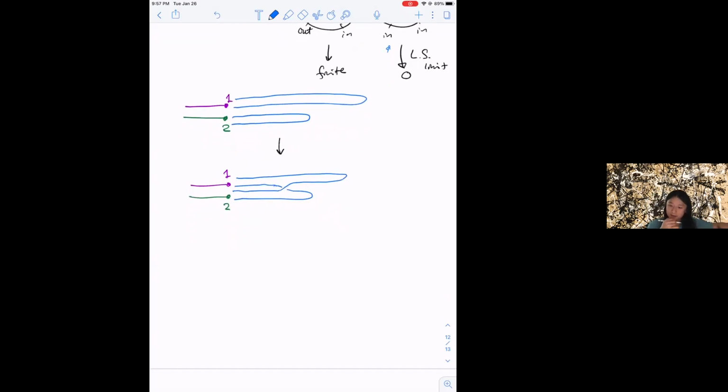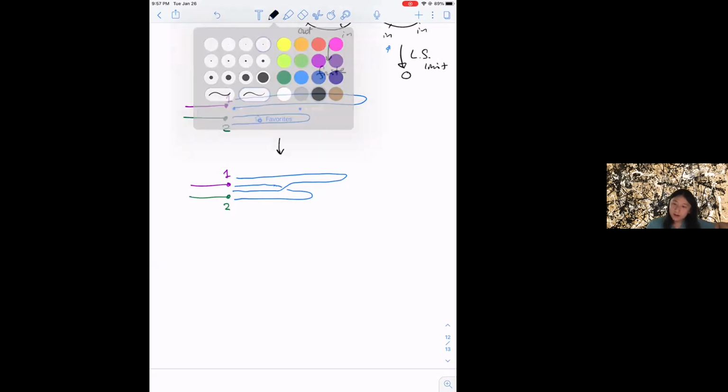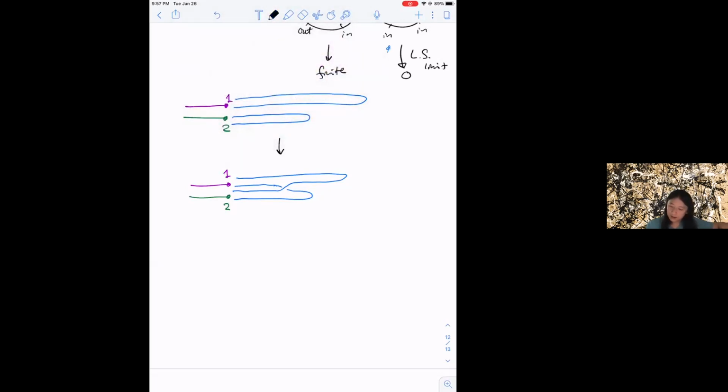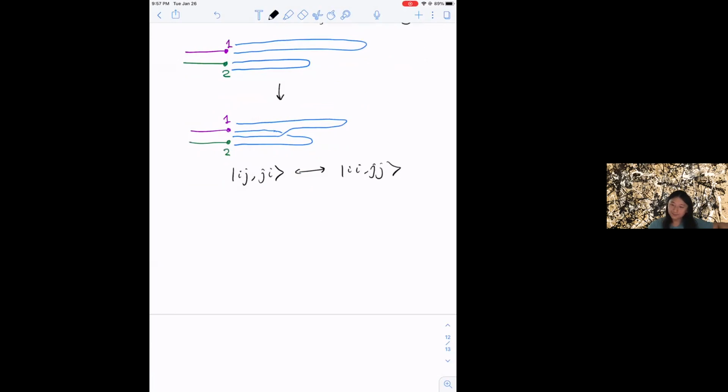But from the matrix model point of view, the basis states can look like this: ij, ji, or ii, jj, and the scattering process will have to exchange these two. Let's say here I think of the index i as ending on the first FZZT brane, the j is on the second.